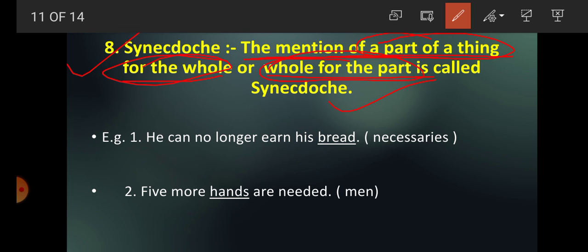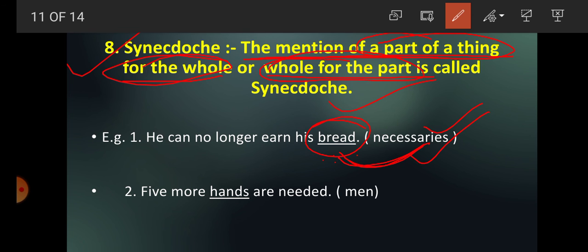For example, he can no longer earn his bread. So what does bread indicate? All the necessaries. Here bread is used as a part of a thing for the whole, where the whole means necessities.